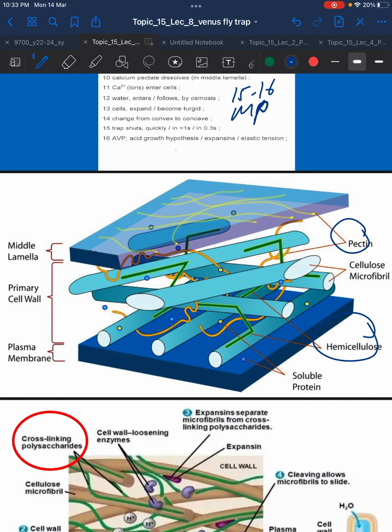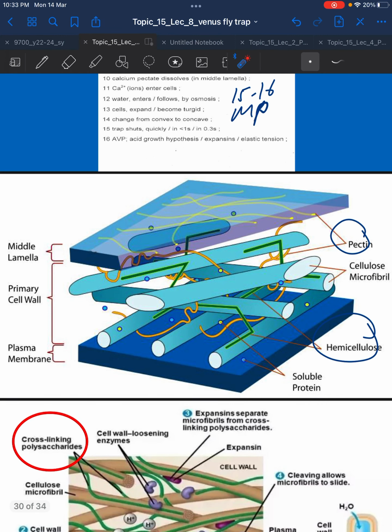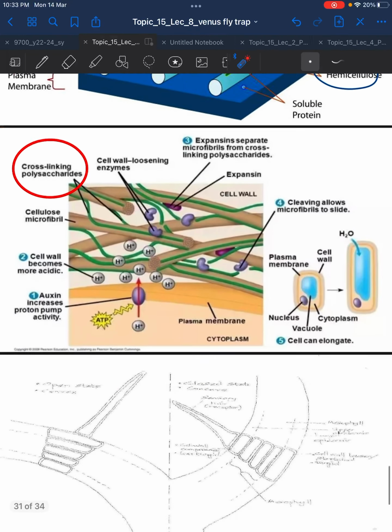Between the cellulose microfibrils, they are cross-linked, for example by pectin and perhaps the green color here, hemicellulose. The acid, the low pH, will weaken this cross-link and make it loose so that the cell can expand. That's the importance of it.